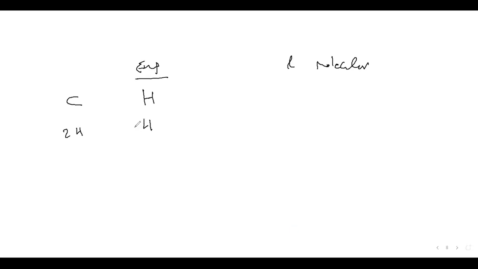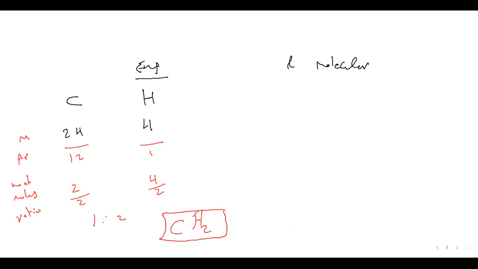Calculate the empirical formula. فباخد هنا الماسز over ال AR periodic table الاقي carbon 12 والhydrogen 1. بعدين number of moles is equal to mass over molar mass, 2 and 4. Mole ratios, division of the lowest value, 2 over 2 equal 1 to 2. So the formula CH2. This is the empirical formula.